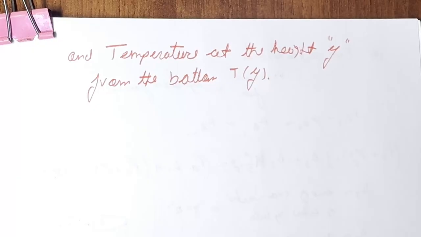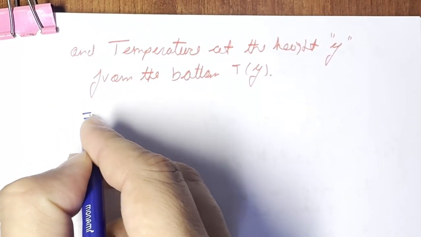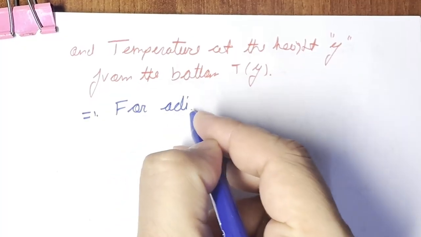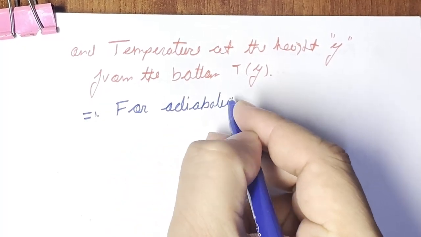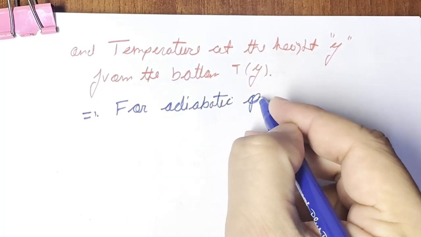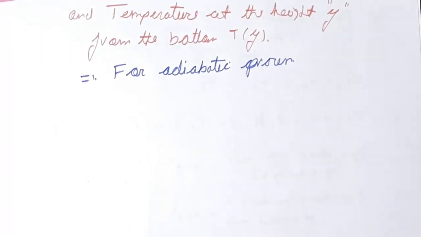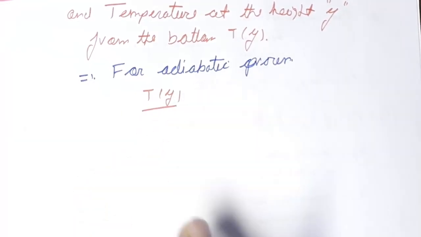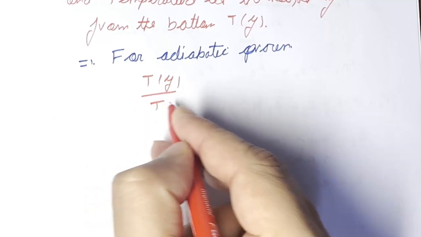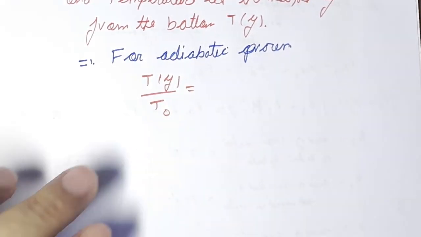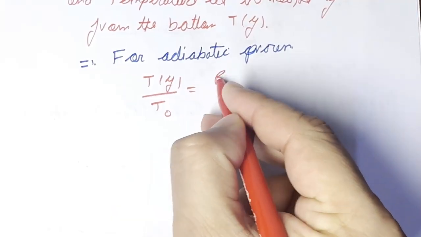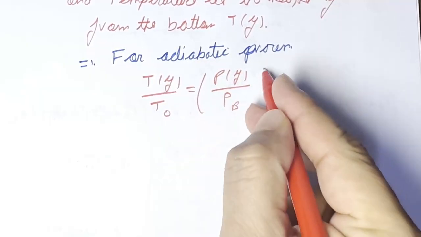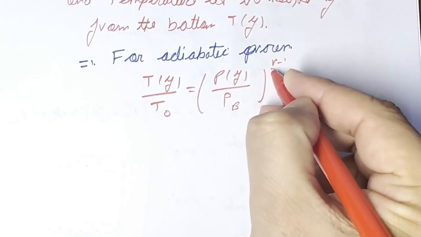So with respect to adiabatic condition, we can write that the ratio of the temperature at y to T0, that is at the bottom, will be equal to pressure at the height y divided by pressure at the bottom whole raised to power gamma minus 1 divided by gamma.